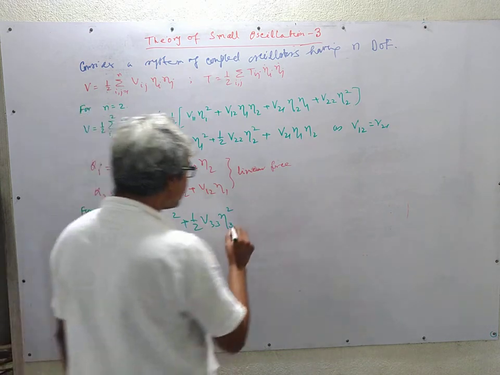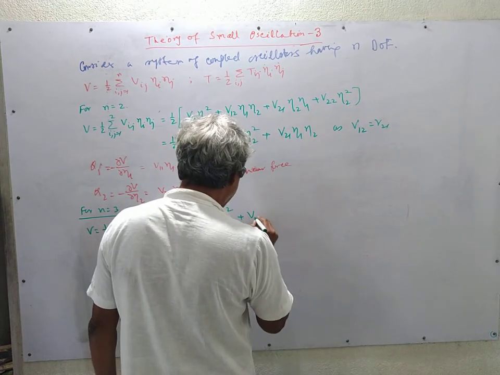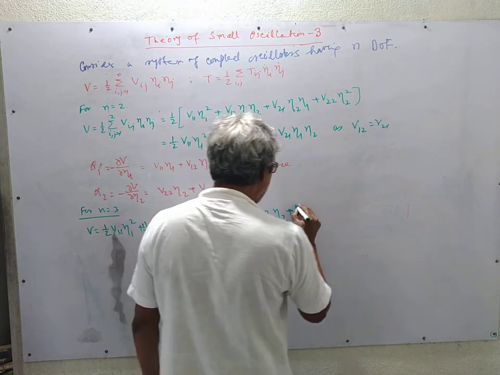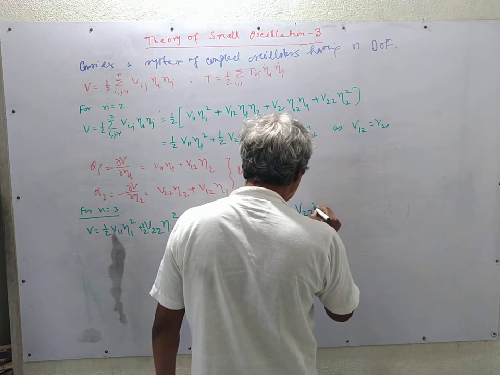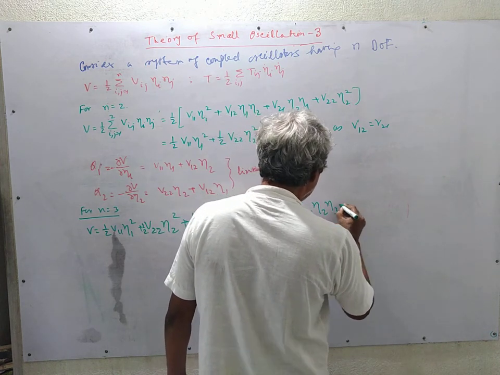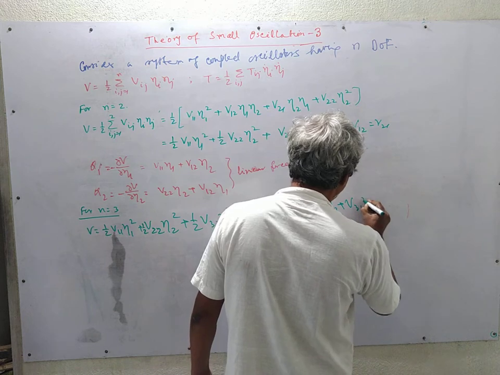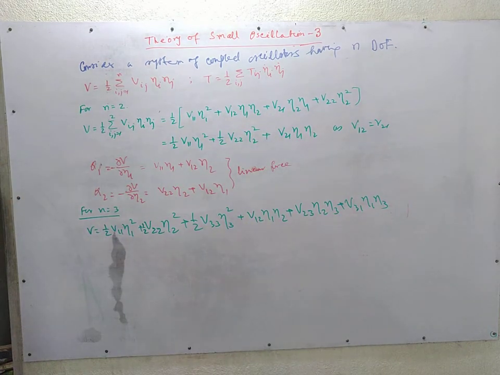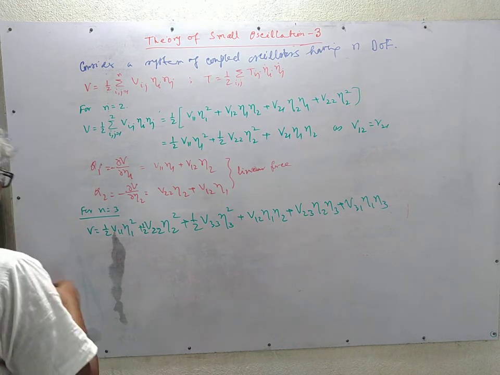Then coming to cross terms, V12 eta 1 eta 2, V23 eta 2 eta 3 plus V31 eta 1 eta 3. This is the potential, and we can calculate likewise the force.